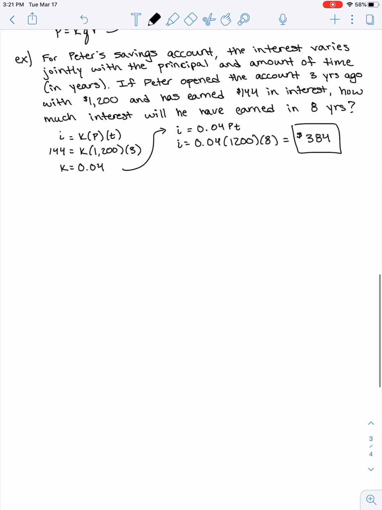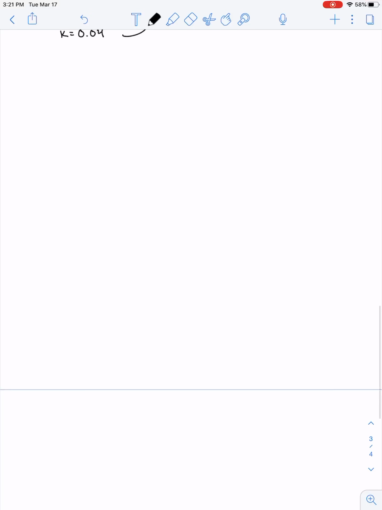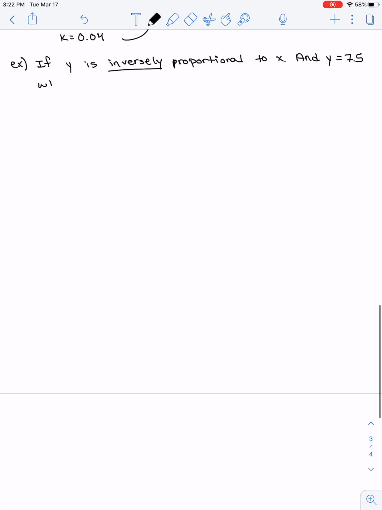Let's do a few inverse variation model examples. So for example, if y is inversely related to x and y is equal to 7.5 when x equals 8, find x when y equals 5.